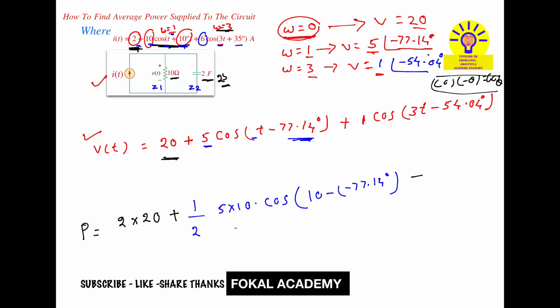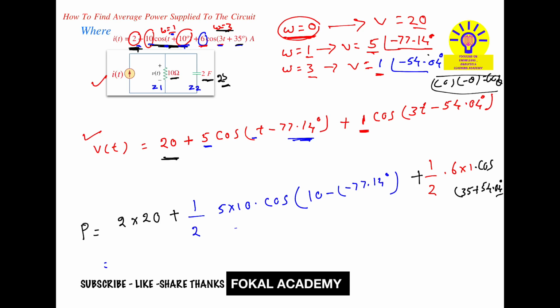Next, plus same format, half of the product of the amplitudes, that is 6 into 1, into cos of the change in the phases, that is 35 minus of minus 54.04 degrees.